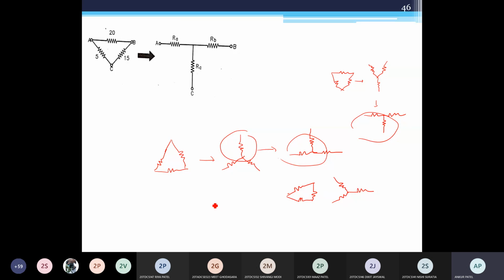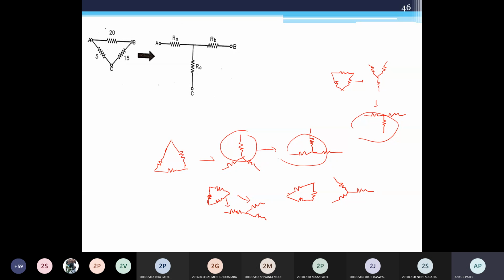Sometimes you will be given like this, so you will get this in conversion. This is your star. So according to the circuit connections, you need to convert and connect the star or delta accordingly.